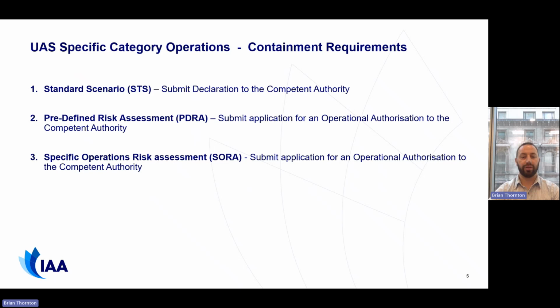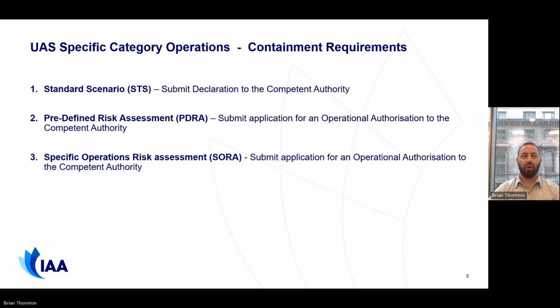The second one is predefined risk assessments, and these can be submitted to the competent authority for an operational authorization to operate in the specific category. And the third one is a specific operations risk assessment, SORA. Again, you submit it to the competent authority for an operational authorization.